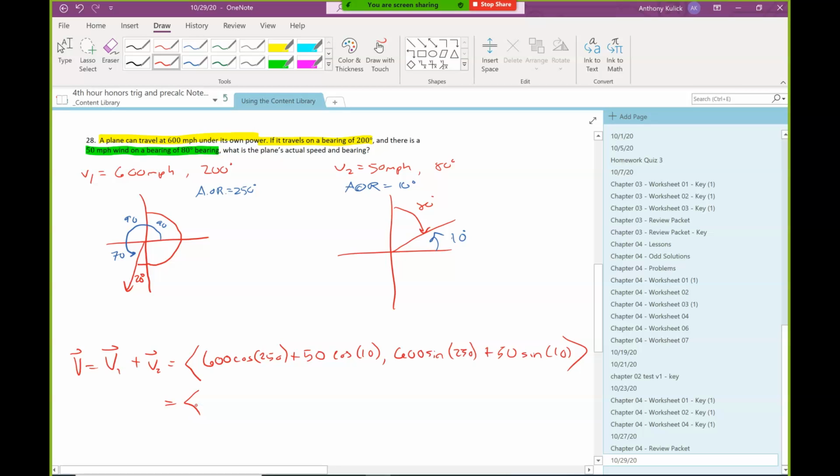Punch that through our calculator to get the actual location of the plane. Just make sure I'm in degree mode, okay.